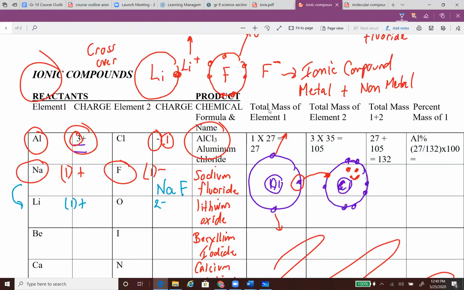That means I would need 1 oxygen, but I would need 2 lithium. So how do you write that? We know it's called lithium oxide. So how do you write it? Well, you write it like this, Li2O, because I need 2 lithium and 1 oxygen.